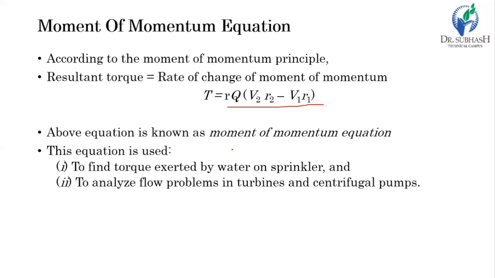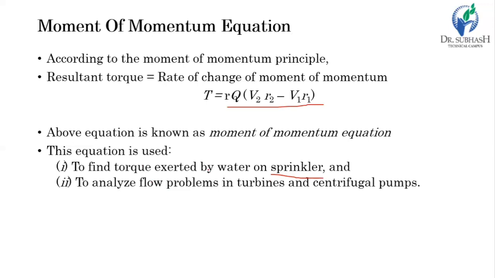The above equation is also known as the moment of momentum equation, and it is used to find the torque exerted by water on a sprinkler. In many gardens we can see the sprinkler rotating on its axis and spreading water around some circular area.